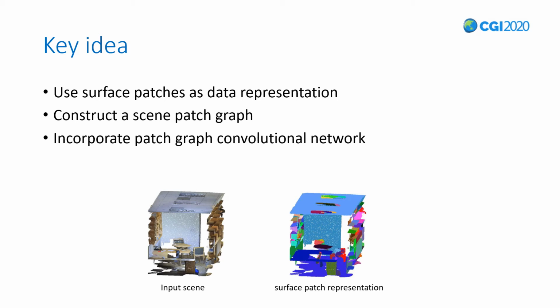The key idea of our work is to use surface patches as data representation and construct a scene patch graph. Considering patches as nodes and their spatial relationships as edges, we incorporate a patch graph convolutional network for the semantic segmentation task.